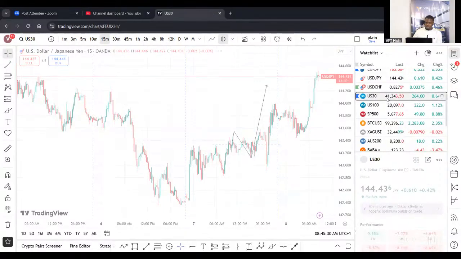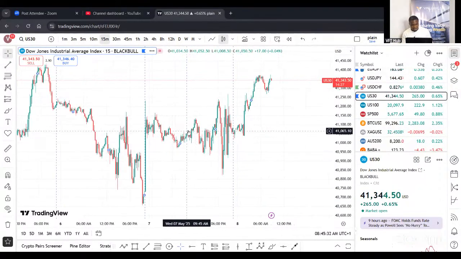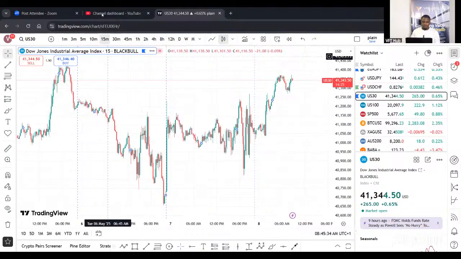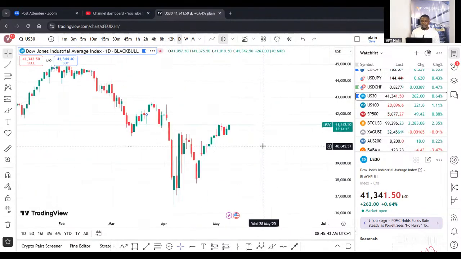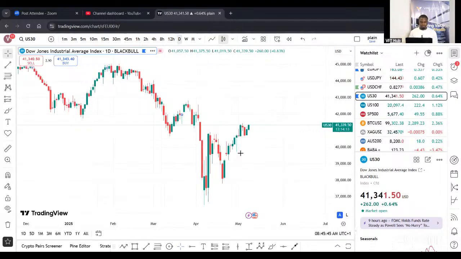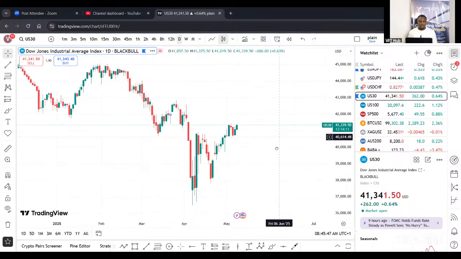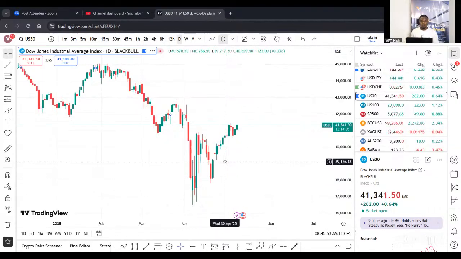So let's start with US 30. On US 30, we can see clearly it's a clear cut box pattern, but let's start with the daily time frame, right? We mentioned clearly that the structure is beginning to change to the upside, to a bullish market structure, and recovering from all of the sell-off that we had in February and March, even April, right?